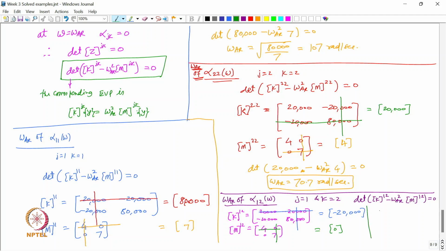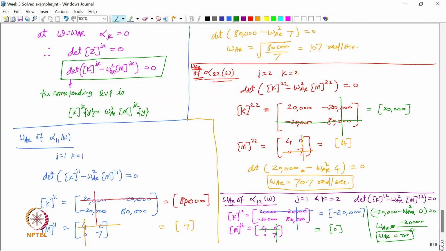So in this manner, if I substitute these values here, what I essentially get is minus 20,000 minus omega AR square into 0, divided by this. So omega AR is equal to numerator minus 20,000 divided by 0 actually. So something like minus infinity, right, minus infinity. So this is not a valid value, right.